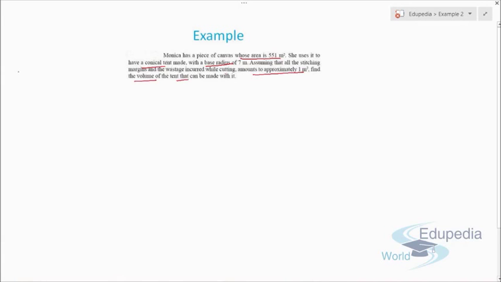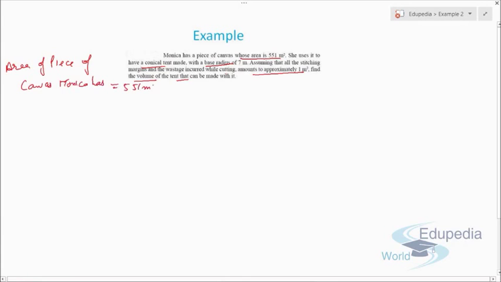First of all, we need to write the dimensions, what is given. So we can say that area of piece of canvas Monica has is 551 meters square. Now she uses it to make a conical tent and it has a base radius of 7 meter, right?